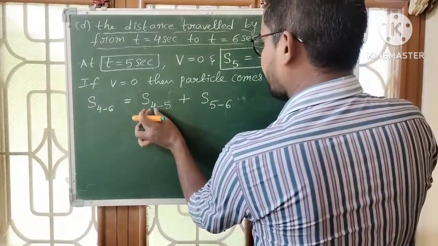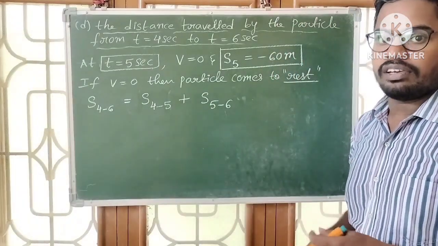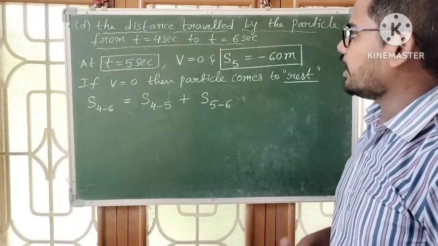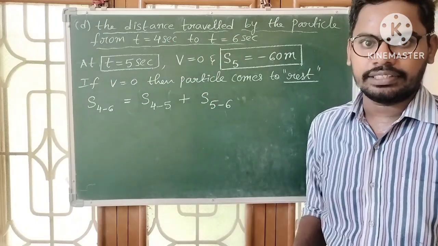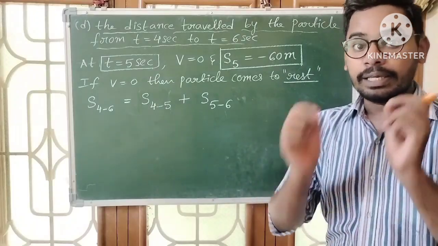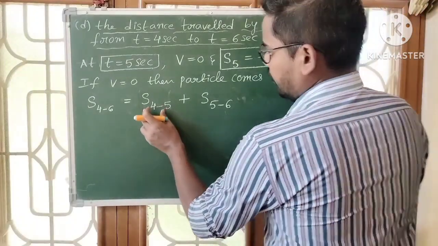So in between 4 and 6, the particle comes to rest. That's why we cannot find the distance travelled by the particle directly from 4 seconds to 6 seconds.